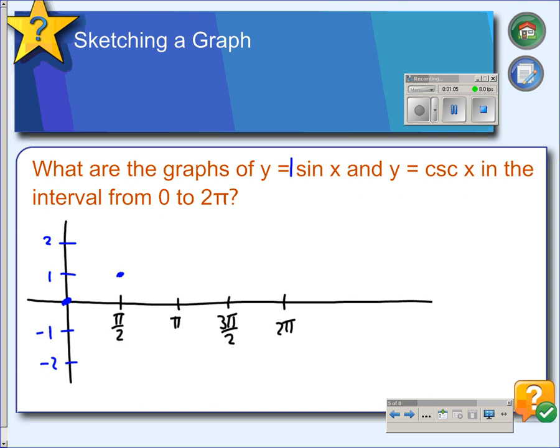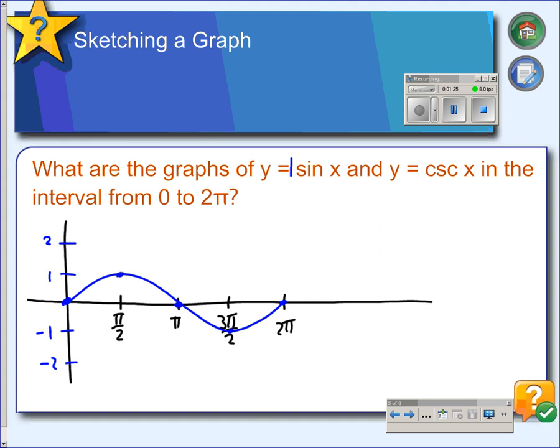And then the sine of pi is back to equilibrium. And the sine of 3 pi halves is at a minimum amplitude. And then the sine of 2 pi is back to equilibrium. So here's our sine curve, like so.